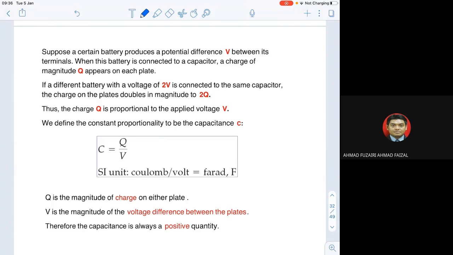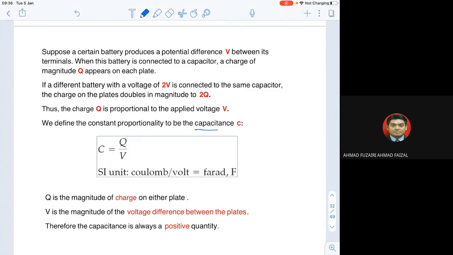Thus the charge Q is proportional to V. So we can say that Q and V are proportional to each other, but if we want to define the capacitance, the capacitance is actually a property of the capacitor.